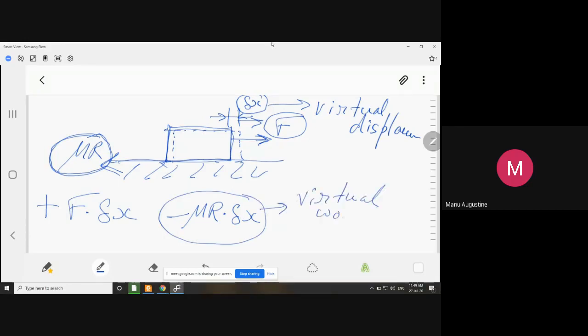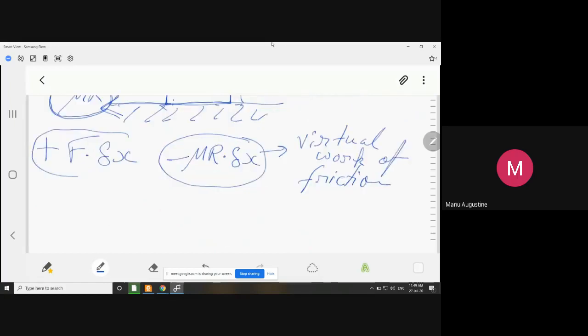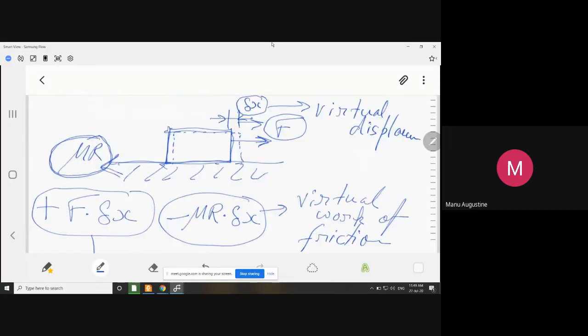And this is virtual work of force F. This is positive because force and displacement are in the same direction. This is negative because friction and displacement are in the opposite direction. So this is the concept of virtual work.